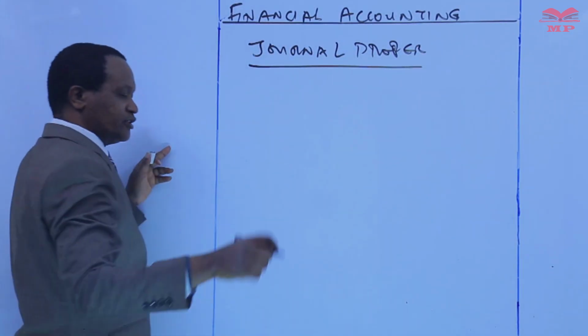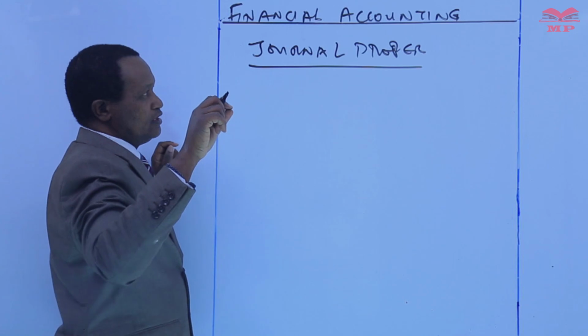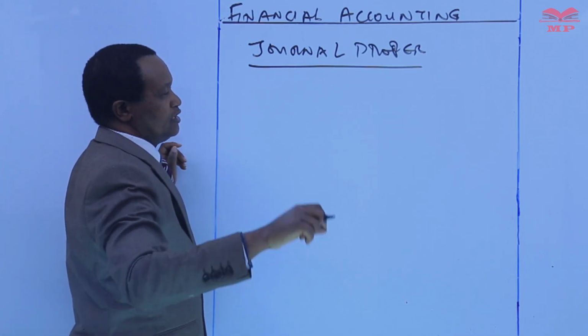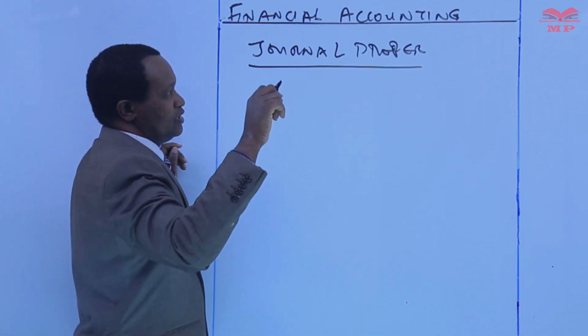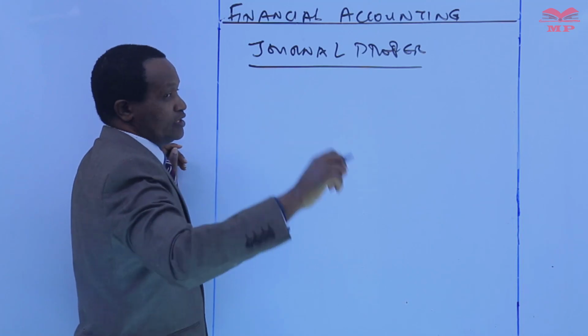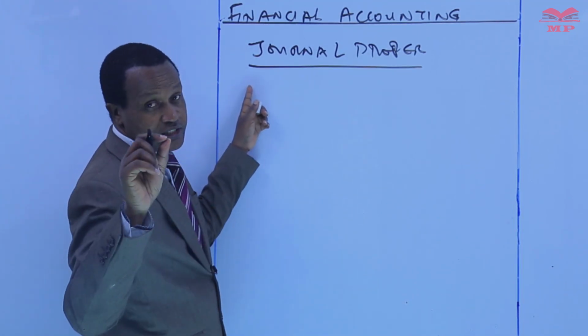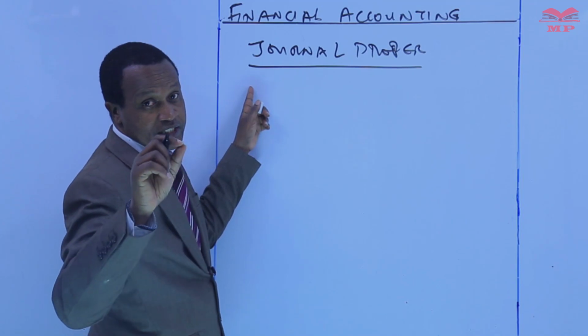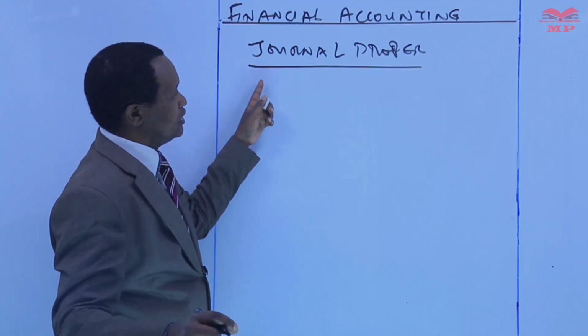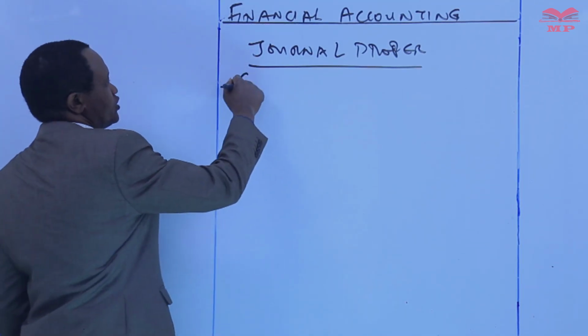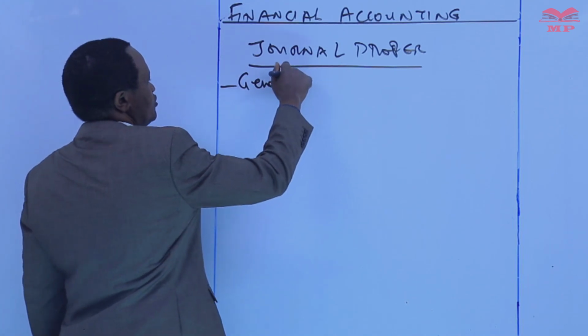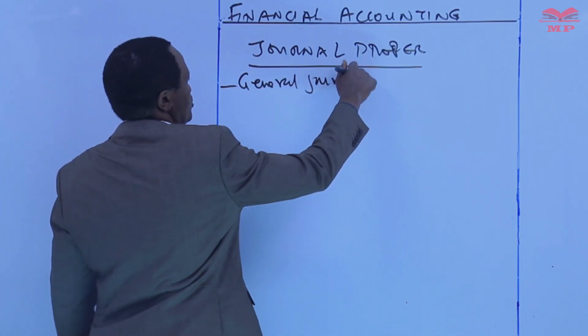Apart from the cash book, the sales day book, the purchases day book, the purchases returns day book, the sales returns day book, we also have another type of journal known as the journal proper. Now the journal proper is also known as the general journal.